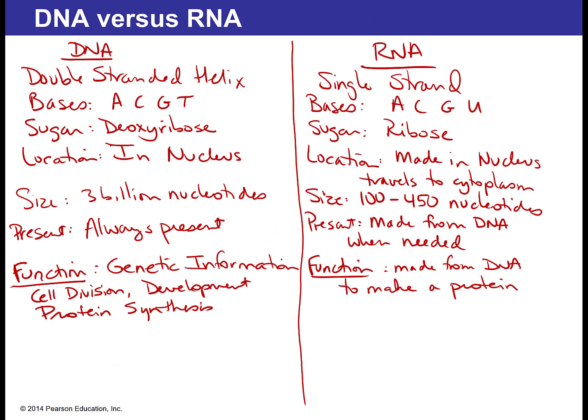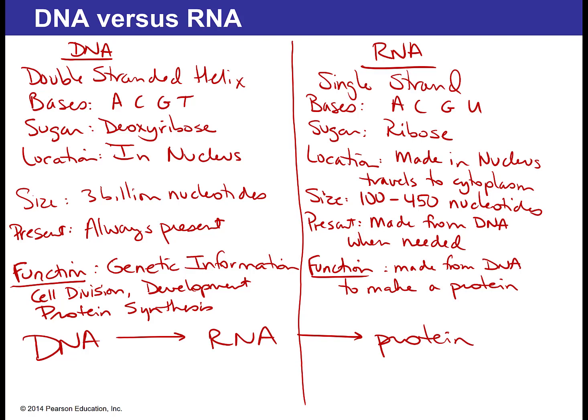And this process then means that there's a flow of genetic information. So DNA is used to make RNA, and then RNA can be used to build a protein.